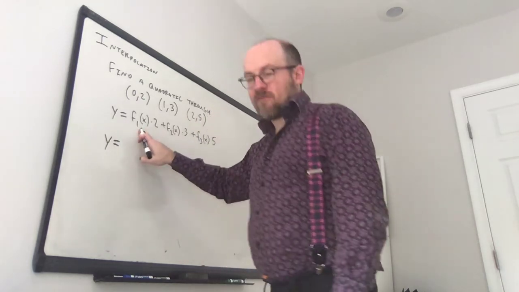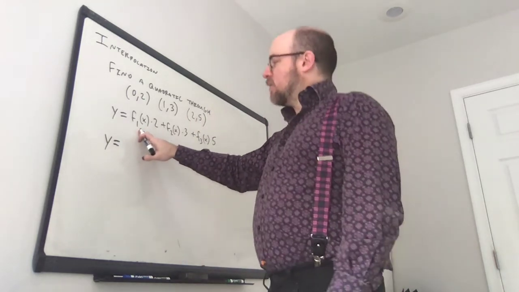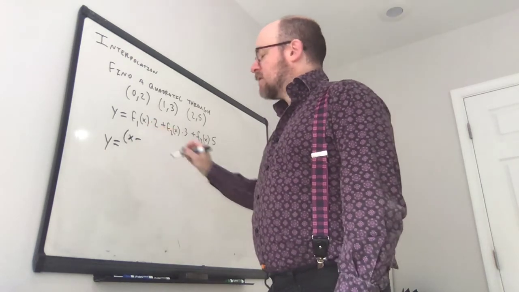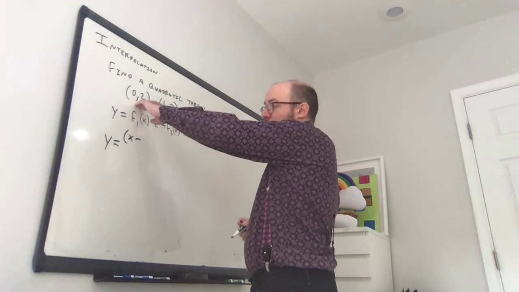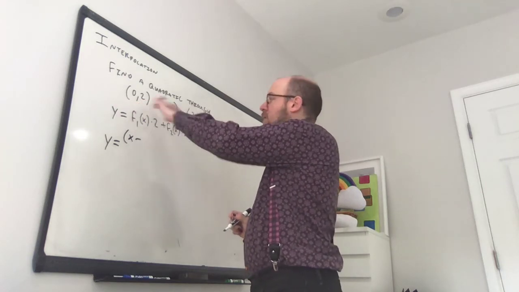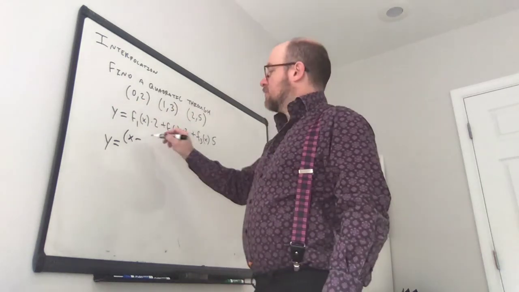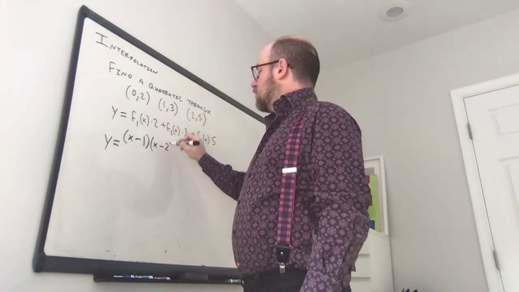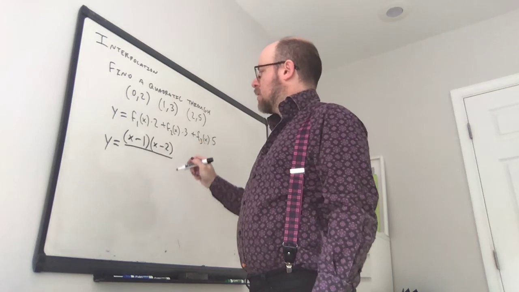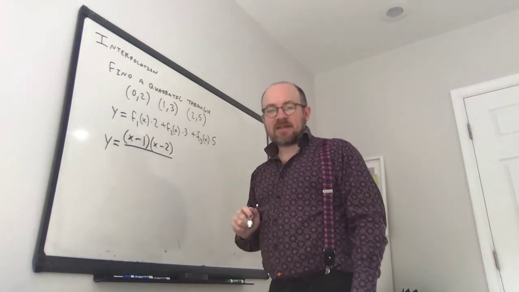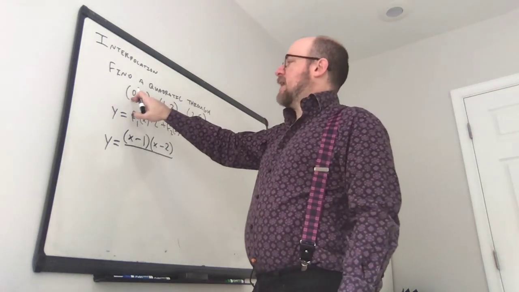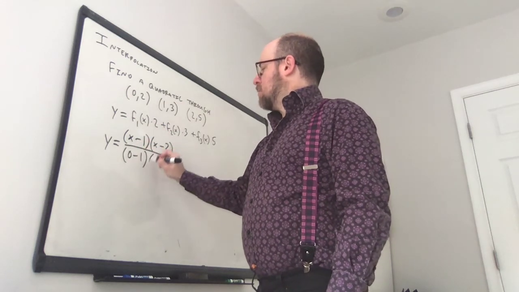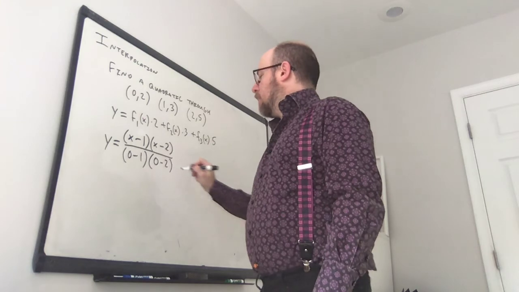So let's figure out f1 of x first. On the top, we're going to have x minus, we skip x1, we don't do that one, go right to x2. So x minus x2, x minus x3. Okay? In the denominator, we're going to have x1 minus x2, x1 minus x3.